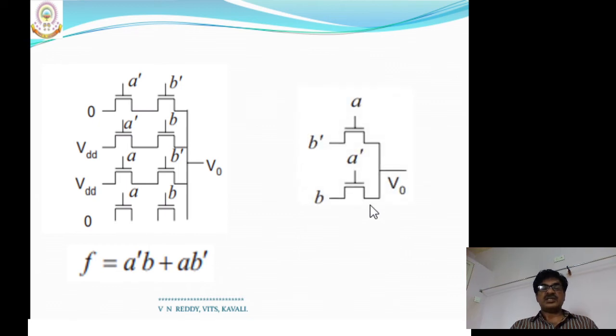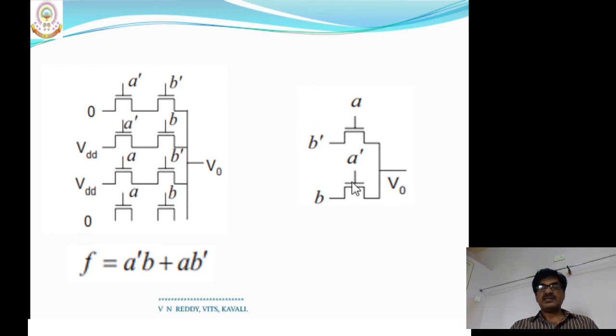This is the realization. Here I am taking A as the gate control input. For one transistor A is the gate control input, for the other transistor A bar is the gate control input. With reference to the A gate control transistor, the input is automatically B dash, since the product term is AB dash.